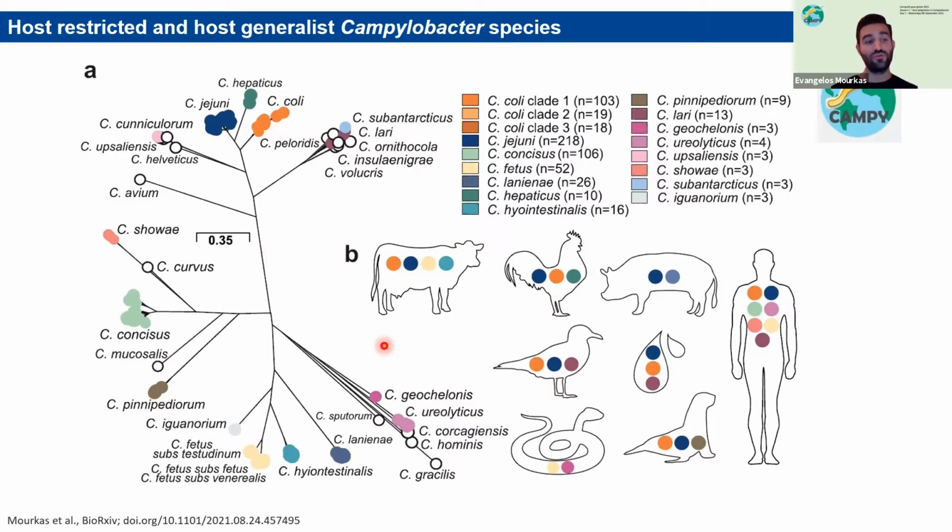And there are over 12 species identified as human pathogens. We know from previous work from the group and others that there is interspecies admixture between C. jejuni and C. coli, and that suggests that host ecology plays a role in the maintenance of species.